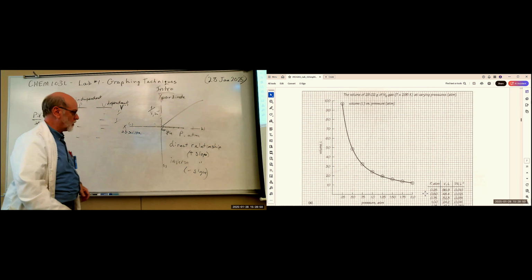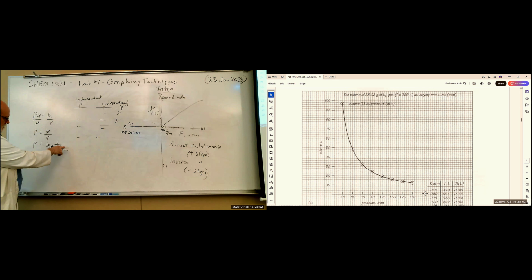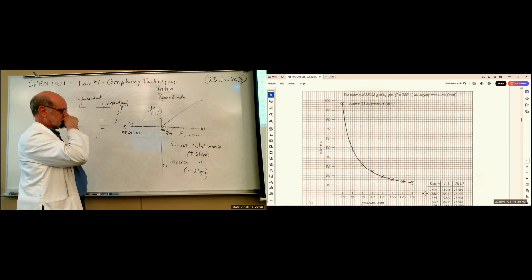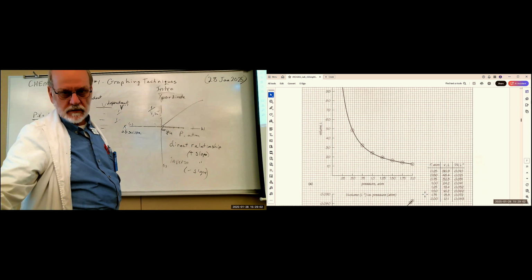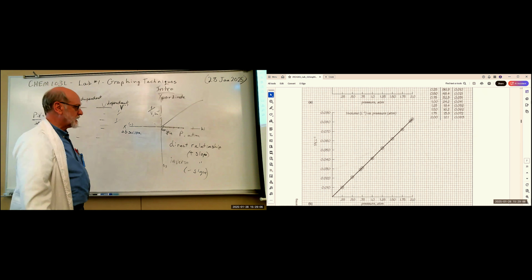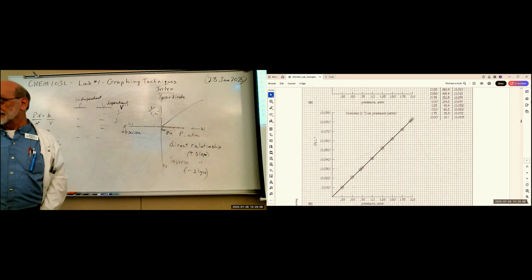Now we know it goes through the origin because there's no B there. It's a 0, so it has to go through the origin. That's what we're showing in the next one. That transformation gives us a straight line.